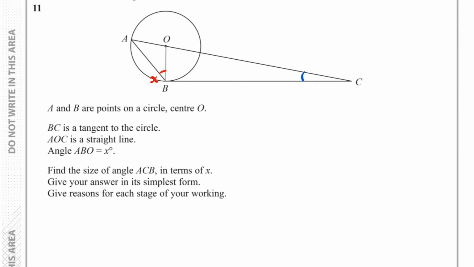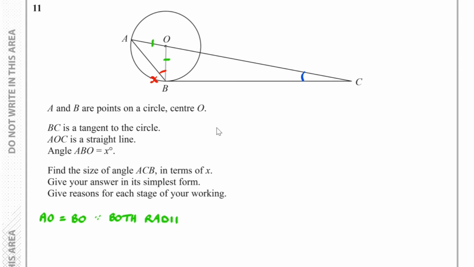Well, if we know that the angle ABO is X, that means, first of all, the length AO and BO, those are equal.